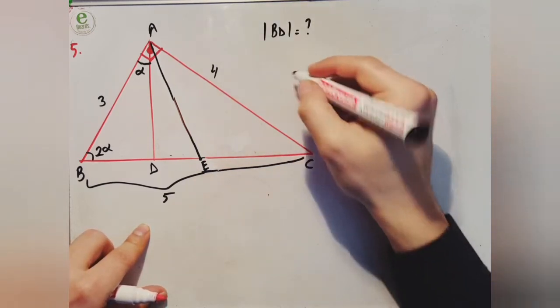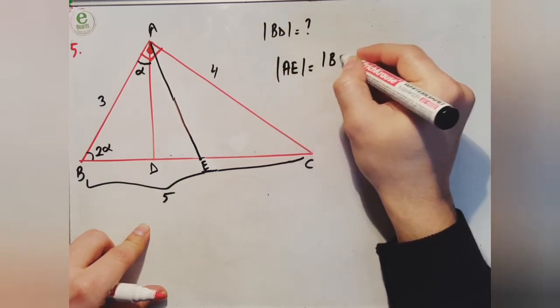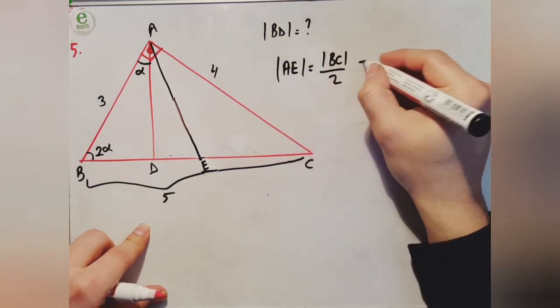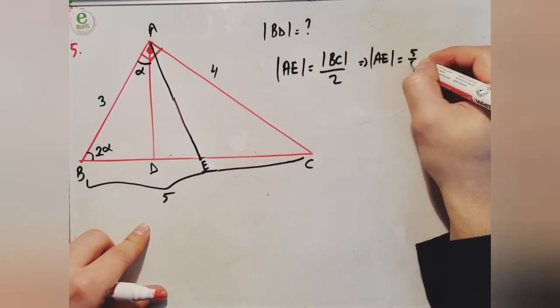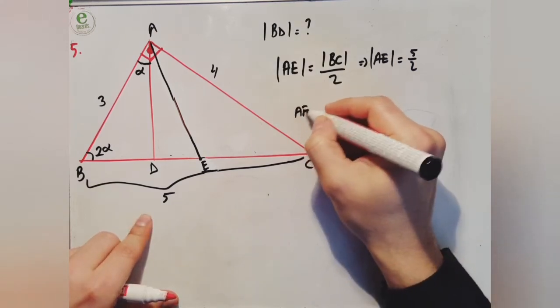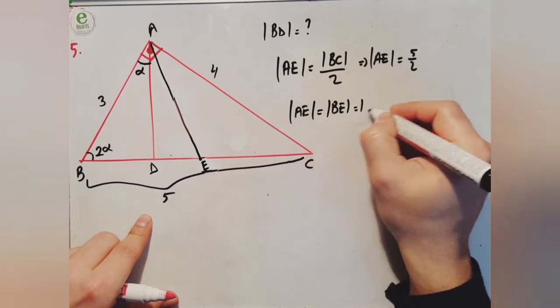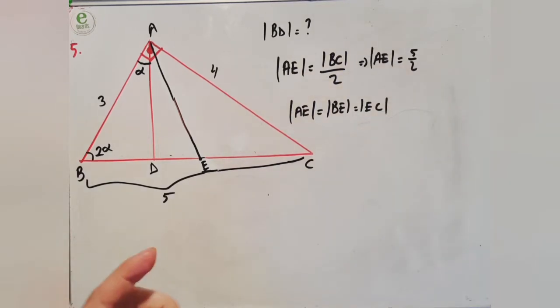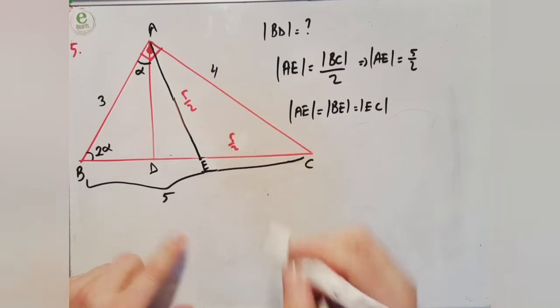So AE is equal to BC over 2. So we will have AE is 5 over 2. Additionally, AE is equal to BE is equal to EC. Okay, it is 5 over 2.